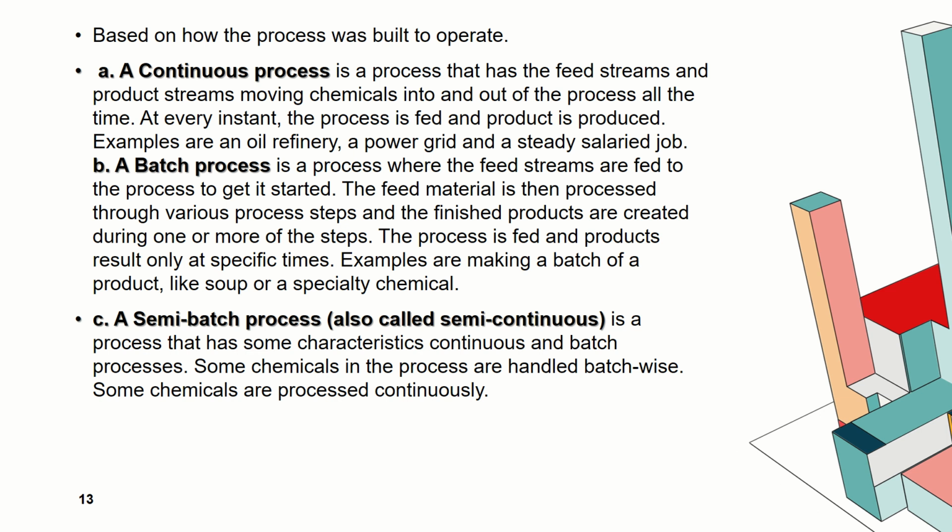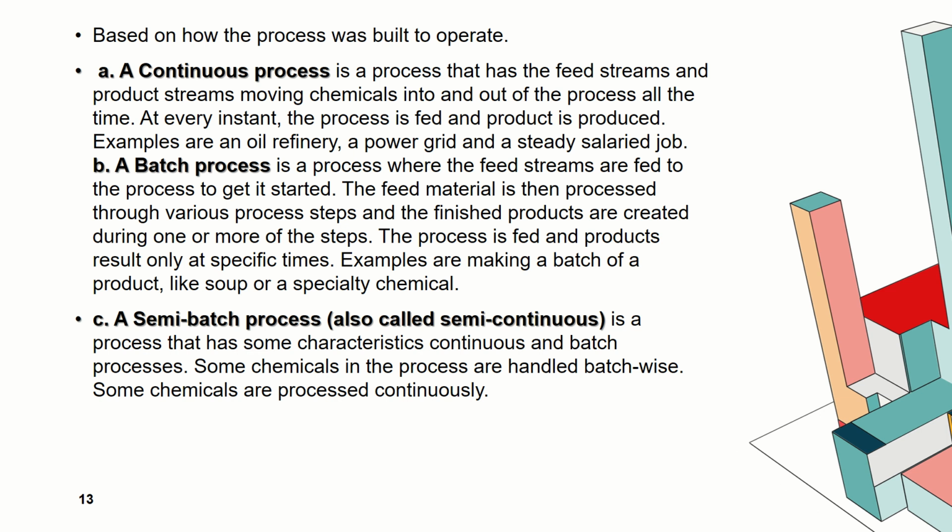The process is fed and product results only at specific times. So it means that time is very important in process variables. Examples are making a batch of products like soap or a specialty chemical.